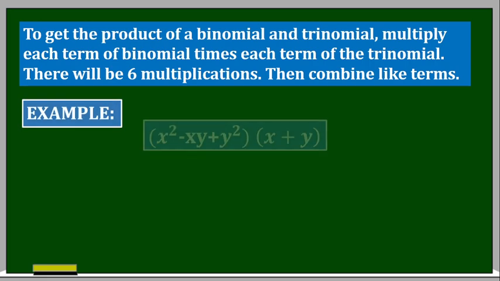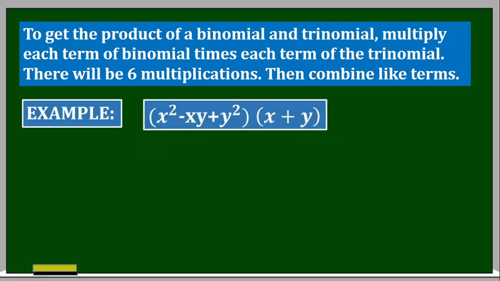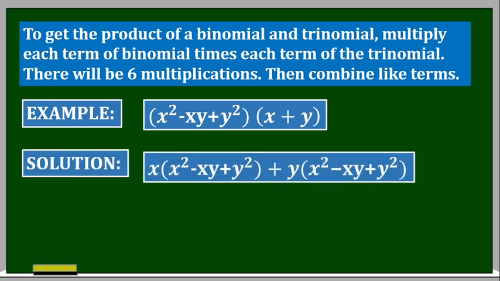Okay, so let's have an example. X squared minus xy plus y squared multiplied by x plus y. For our solution, you are going to distribute x plus y. This expression is multiplied by x, and another, plus y is also multiplied by this expression.